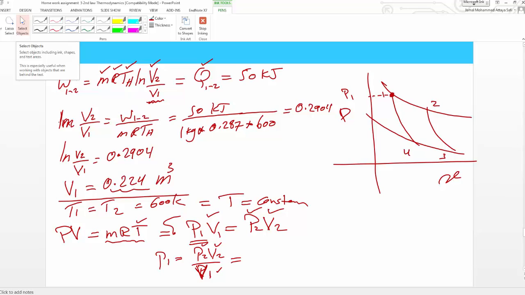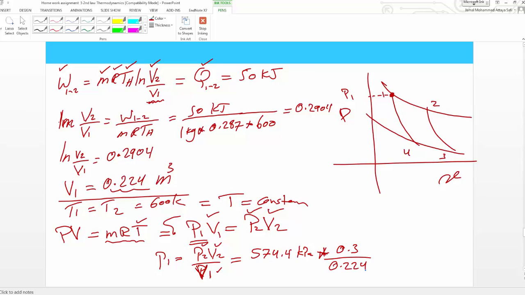And that gives me, P2 is given in the problem as 574.4 kilopascal multiplied by 0.3 divided by 0.224, and that gives me 769 kilopascal.